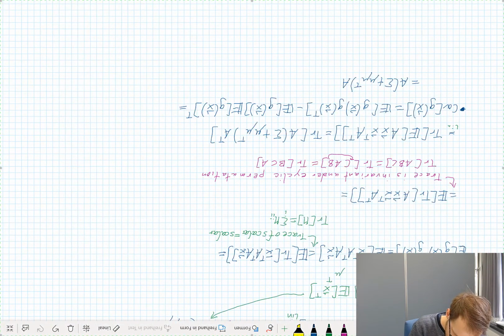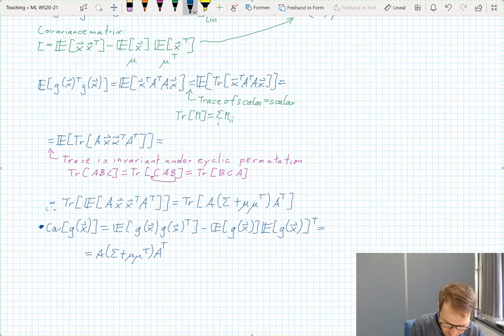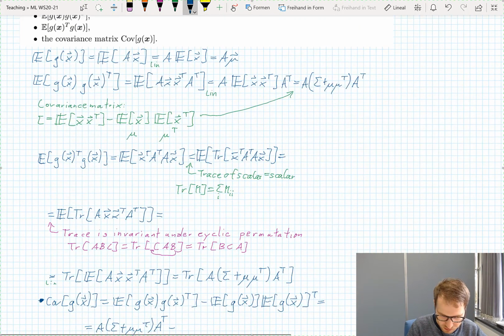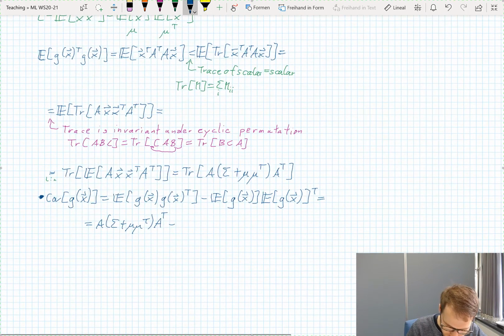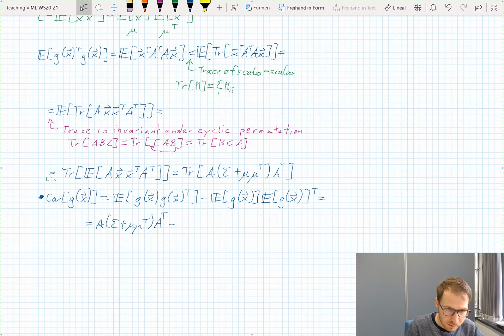Minus expectation of g of x is just A times mu. So we know that this is A mu, and then the second one, the transposed one, mu transposed A transposed.